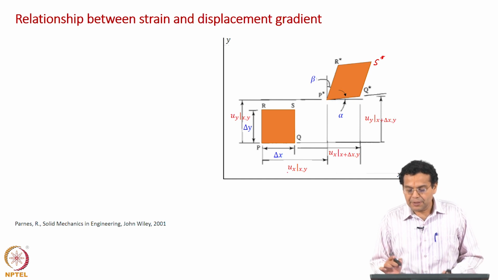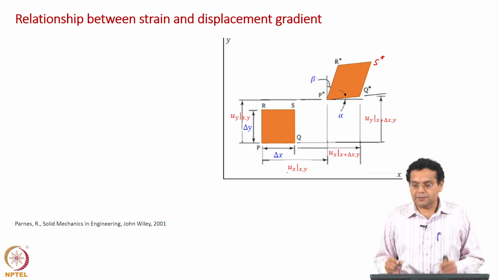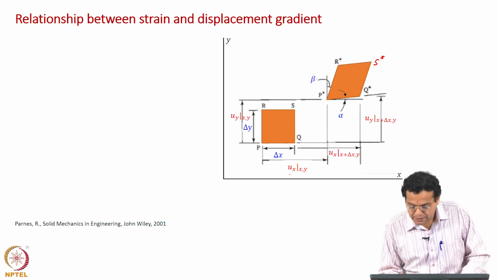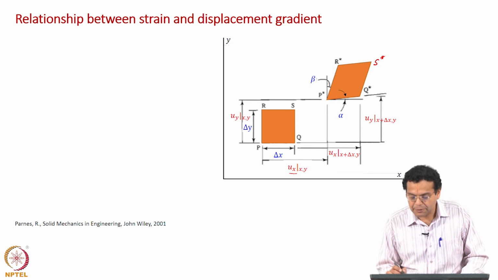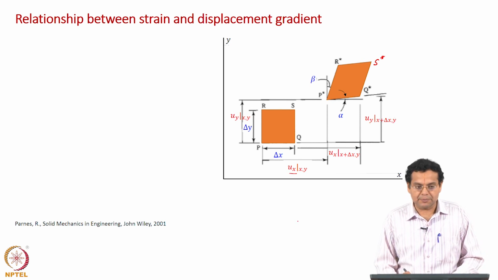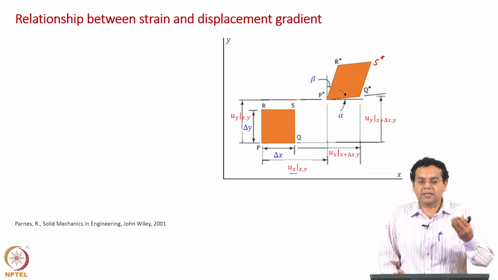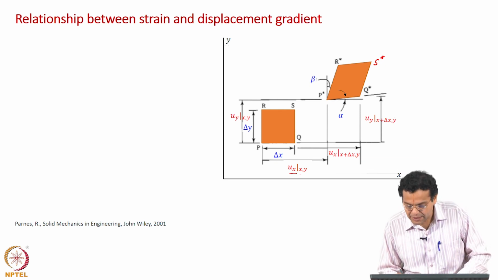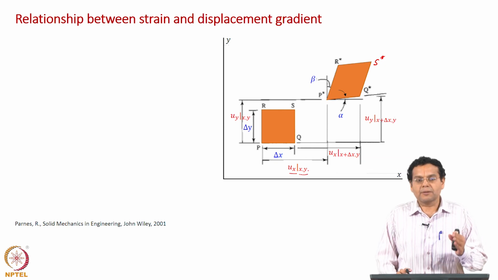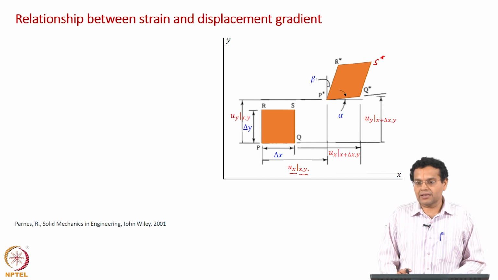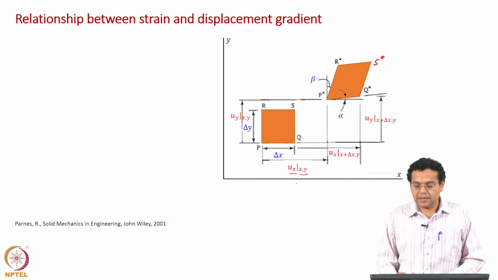The distance between P and P star is the x displacement, and remember u x, u y depend on x and y, so it is evaluated at x comma y. This nomenclature we have seen earlier for our derivations. The vertical bar tells you that we are evaluating at a particular location.